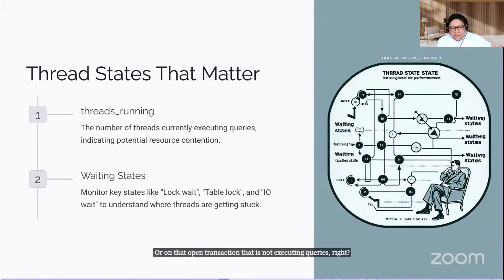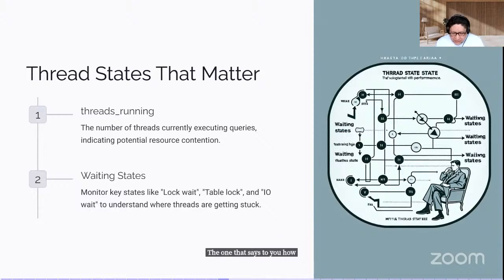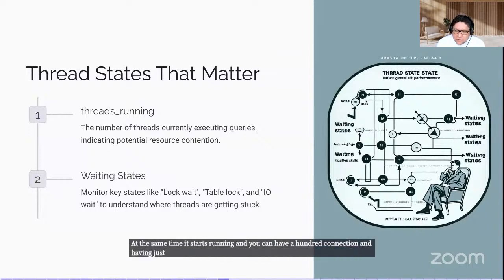So having 100 connections open doesn't mean that there are 100 queries running. The one that tells you how many queries are being executed at the same time is threads running, and you can have 100 connections and just 3 queries running at the moment, right?